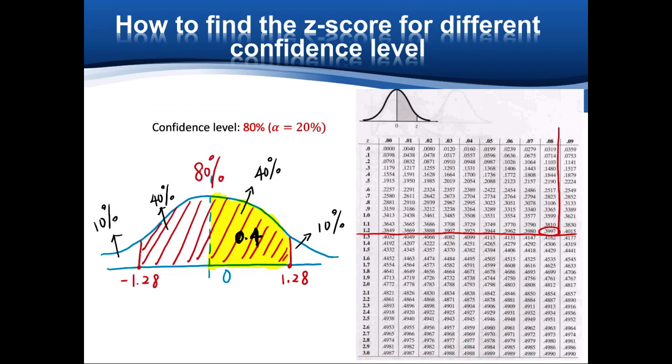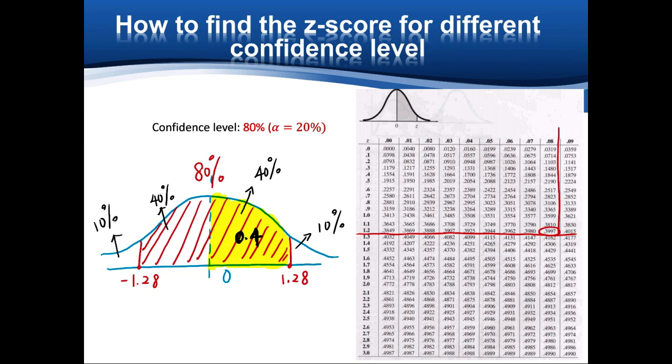Firstly, confidence level is 80%, which means 80% of the chance the interval will cover the true value. 80% is probability, and we learn from chapter 5 that probability is area under the curve.